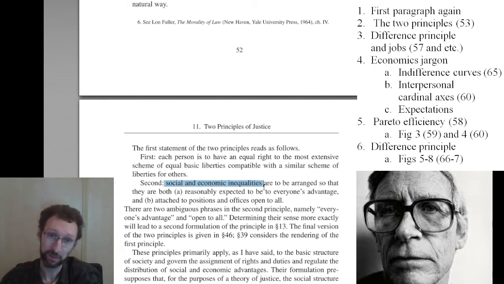Is that okay? Well, that's unequal. Now some people are earning 700 and some people are earning 900, but it benefits the worst off people. The worst off people used to be at 500, now they're at 700, so that's fine. So moving everybody from 500 to some people at 700, some people at 900, that's fine according to the difference principle. So that's the difference principle.